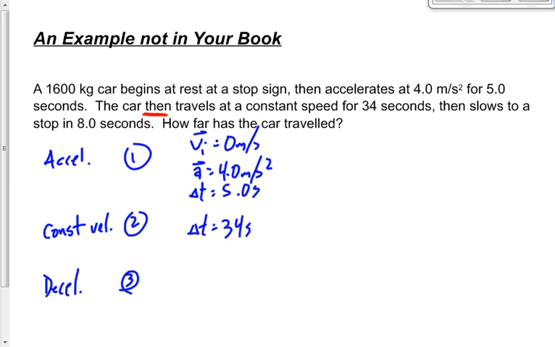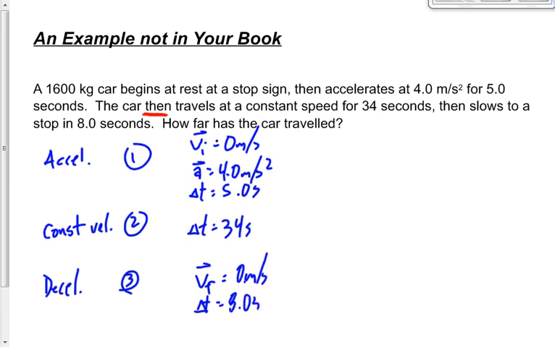And then in stage 3, it slows to a stop. So VF will be 0 meters per second, and delta T will be 8.0 seconds.